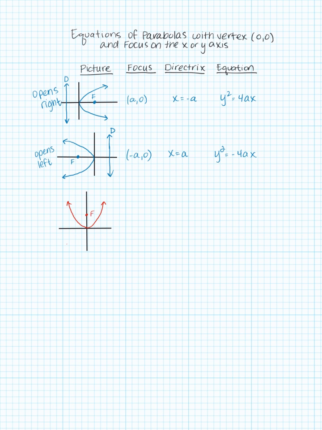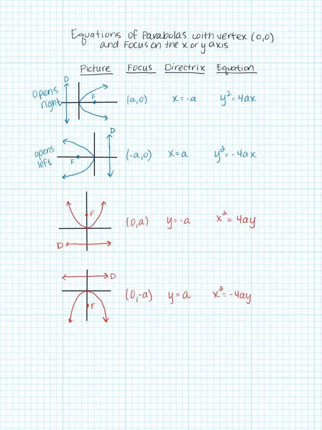So our focus becomes the point (0, a), and our directrix becomes the horizontal line y equals negative a. Again, the distance from the focus to the vertex is still a units, and from the vertex to the directrix is still a units. The equation is x squared equals 4ay, so you can see that the x's and y's switched in these equations. And then if we open our parabola down, our focus is now (0, negative a), our directrix is the line y equals a, and our equation becomes x squared equals negative 4ay.